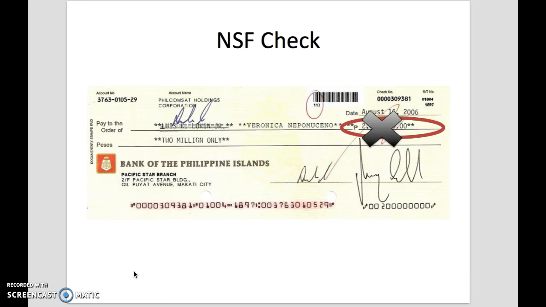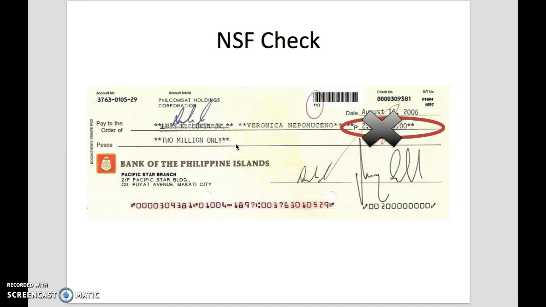And then the next type of check would be an NSF check. This would mean no sufficient funds check. It means that in this case, let's say you have Juan de la Cruz as a payor, and Juan de la Cruz issued 2 million to Veronica Nepomuceno. But in reality, if you look at the balance or the cash that Juan de la Cruz has in his bank account, let's say it's just 500,000 pesos, then obviously he would not have sufficient funds to pay Veronica 2 million.